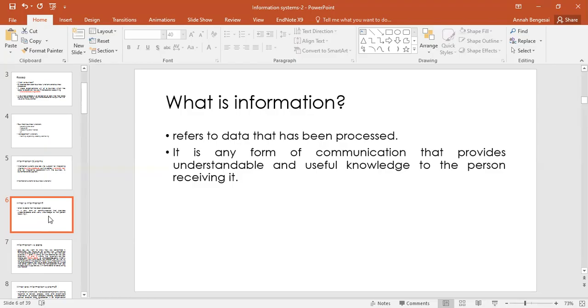It has to be understandable to the one who is receiving it. For instance, I could get data from, say, an engineer, but because I'm not an engineer, it might not mean anything to me, or I might not even understand it. Therefore, it's not information to me. It only becomes information when it's understandable to the one who is receiving it.